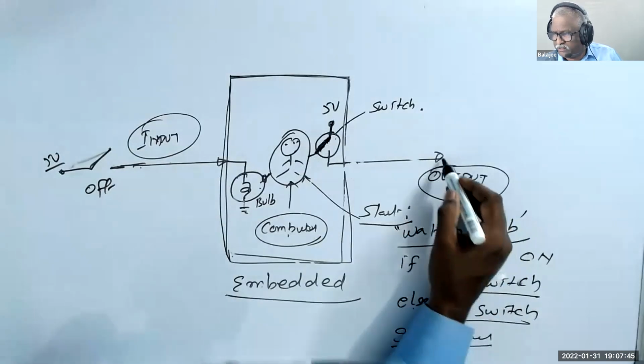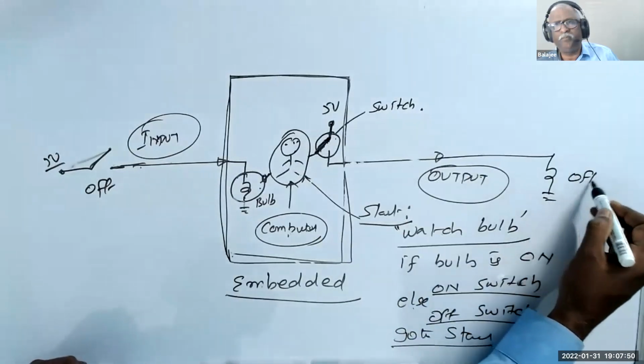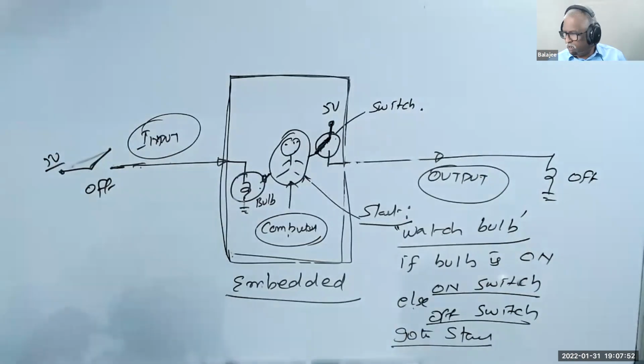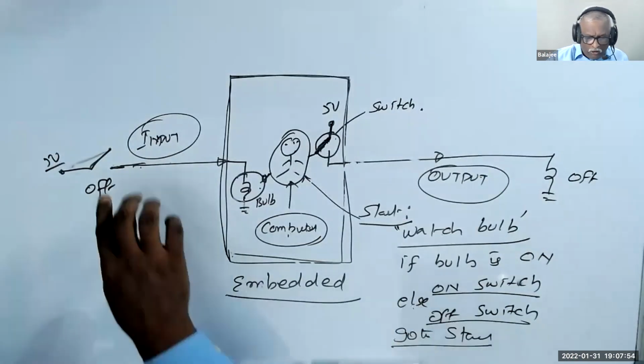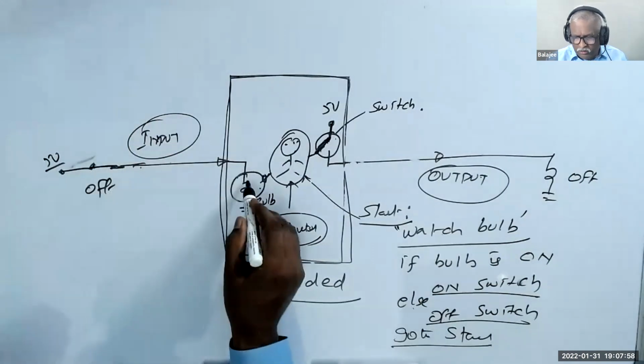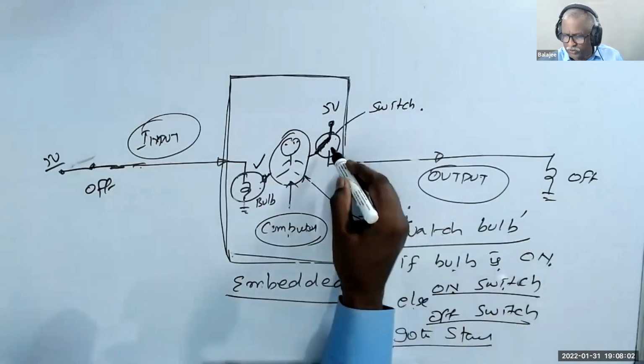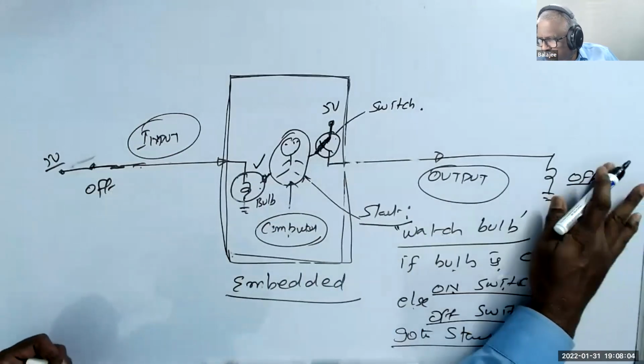The output is another bulb, and it is off. Now if I on the switch, then the bulb is on. I told him the bulb is on, switch. So he will on the switch, and the bulb is on.